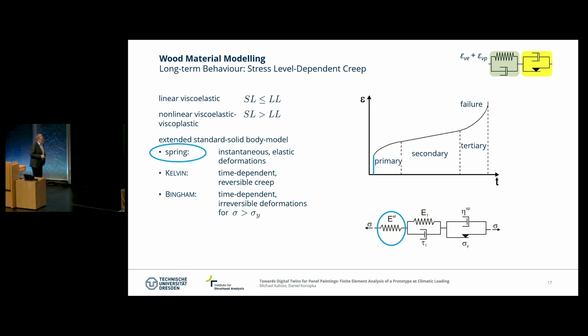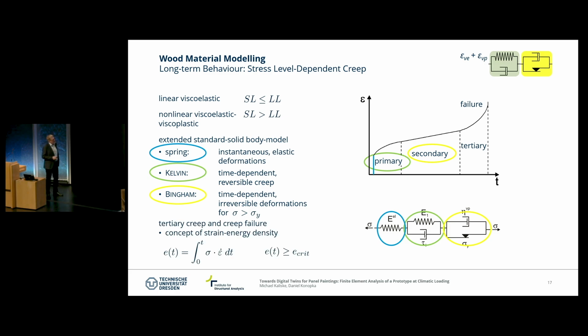So we have an instantaneous response when we load the material, which can be modeled by an elastic spring. Then we have the primary part of the creep, which is reversible, and when we load further, we are approaching the nonlinear, irreversible part of the creeping, where we have plastic contributions, and we approach the tertiary part, where the deformation rate is really increasing strongly.